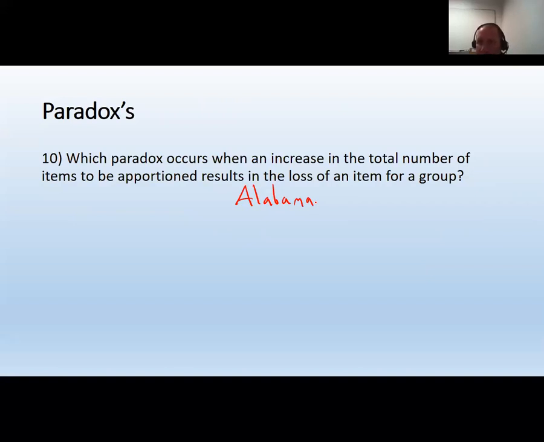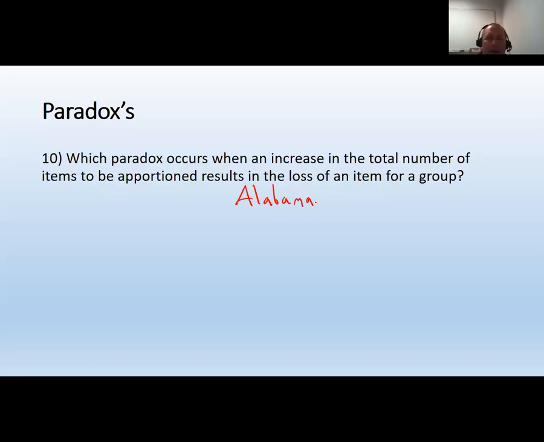It changes the allotment such that whatever group has the lower population percentage increase ends up being treated more favorably in an apportionment than another group that has a higher population increase. So that's the population paradox.